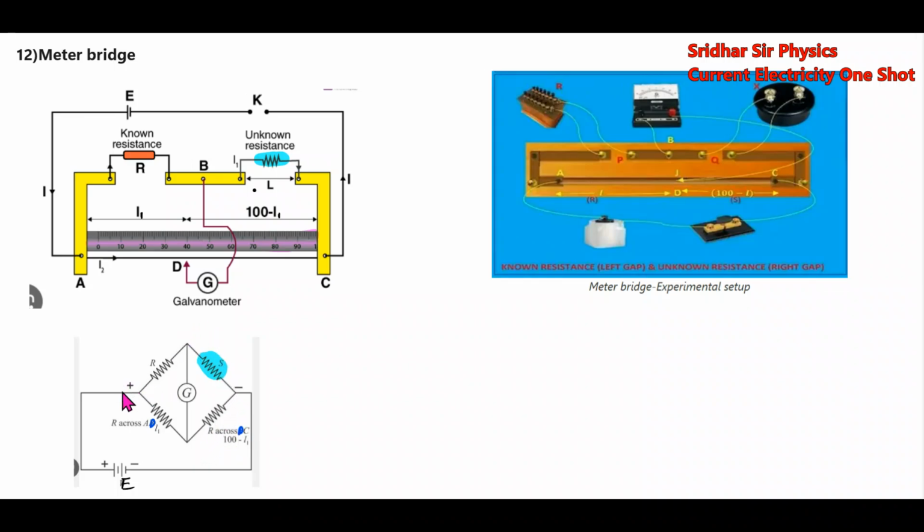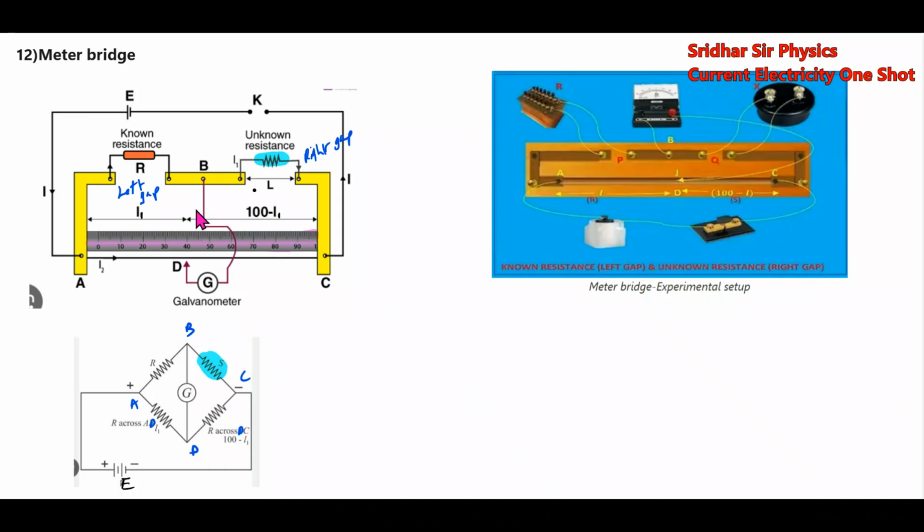There's a point A, B, D, and this is C. Like this we are having the known resistance in this gap, which is called the left gap, and this is called the right gap. So we have connected here.